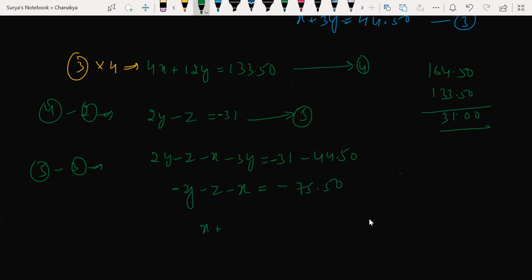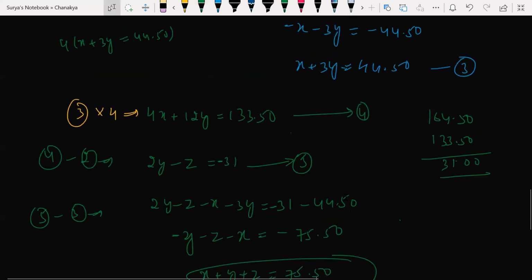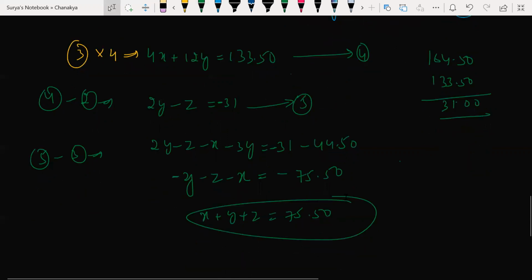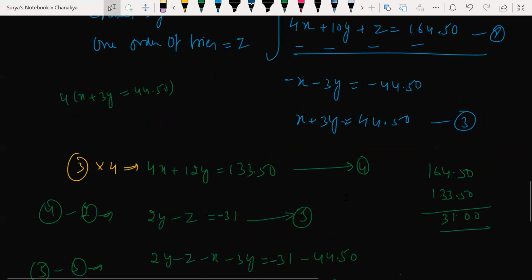So taking minus common on both sides, I'm getting 75.50. How many have you got this? I think, is there any calculation mistake? Check the plus minus. This is the summation, I mean, the cost of the minimum I would be getting. Any plus minus mistake? Check.